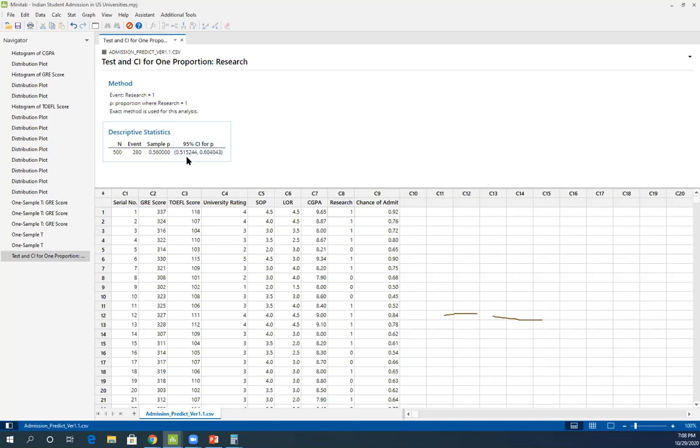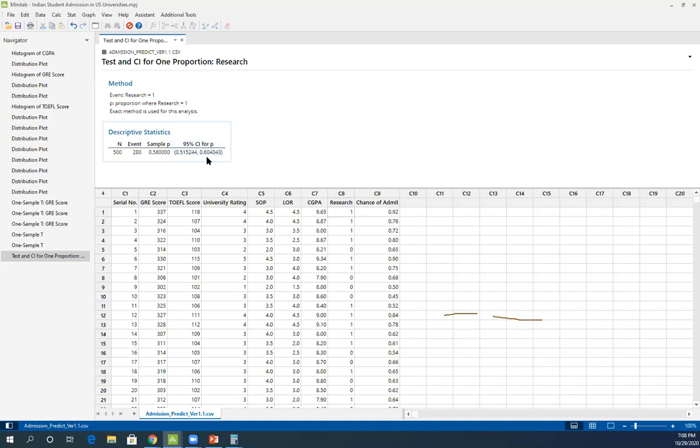Now, if I talk about the entire 22,000 students, where are they applying? I'm 95% confident that 51.5% to 60.4% of all students, the true population proportion, will be applying to research university.